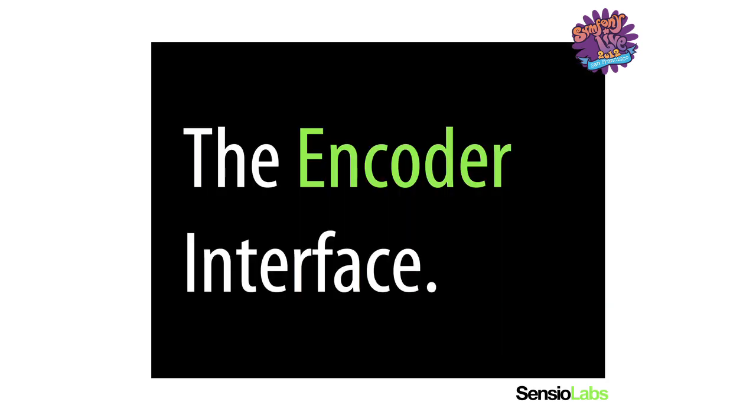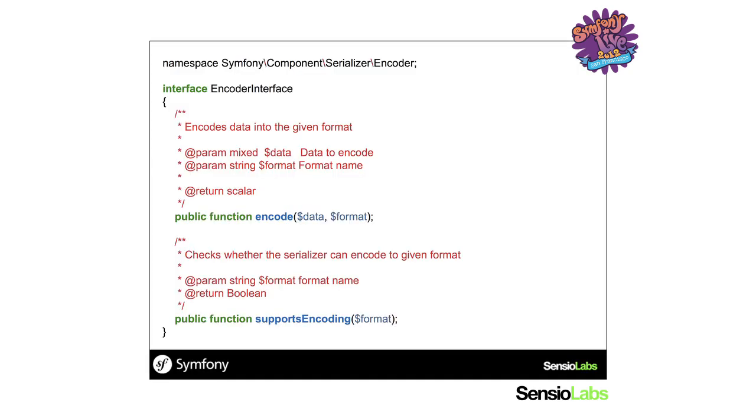And we have encoders. So we have an encoder interface. So the encoder converts a PHP array to an output format. So you have the encoder interface with the encode method. This encode method takes the PHP array you want to encode, and the format in which you want to encode, and a supports encoding method, which tells if this format is supported by this encoder.